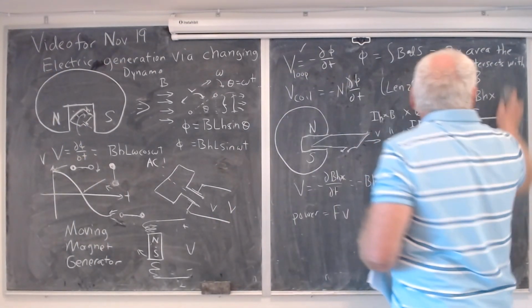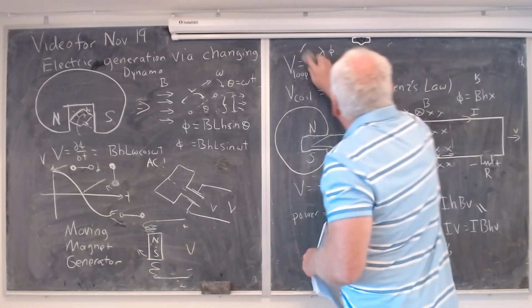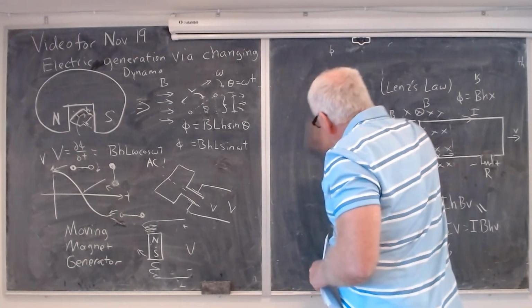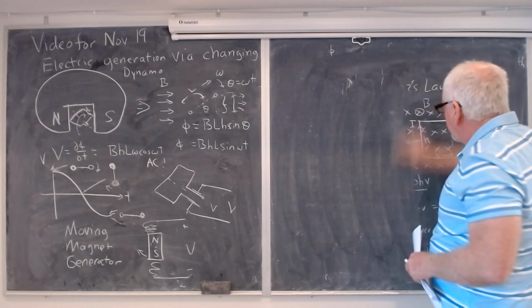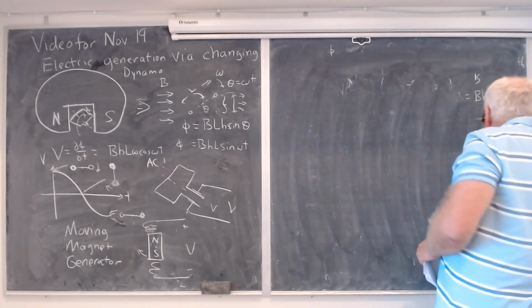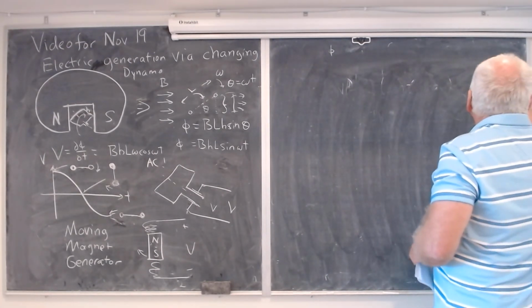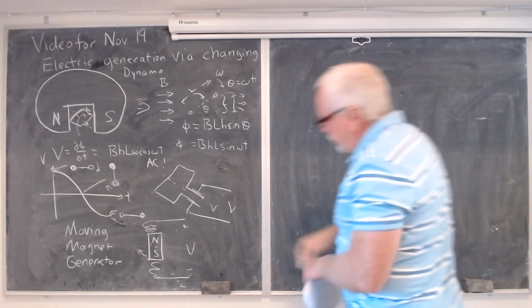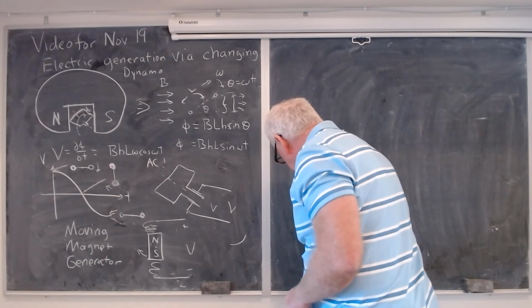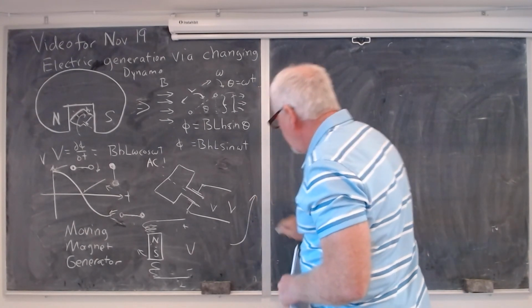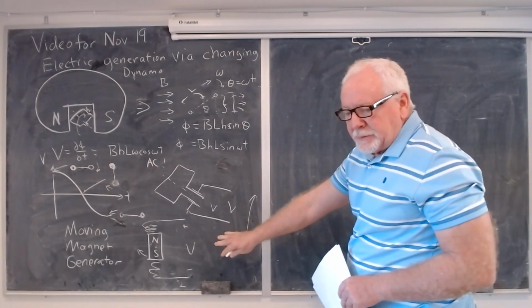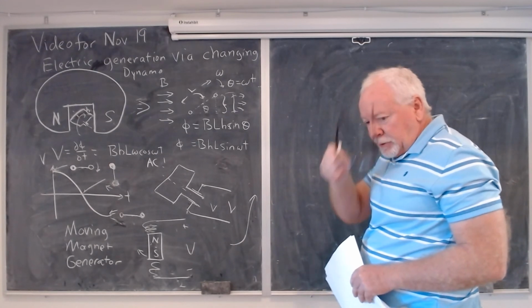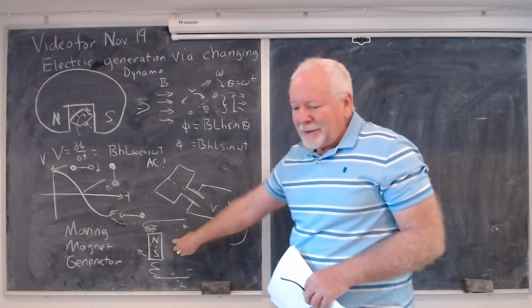Now that leads us into three-phase power, and so I'm going to go through a little bit of three-phase power because, if you look at this, you can see that we're wasting a lot of space here.